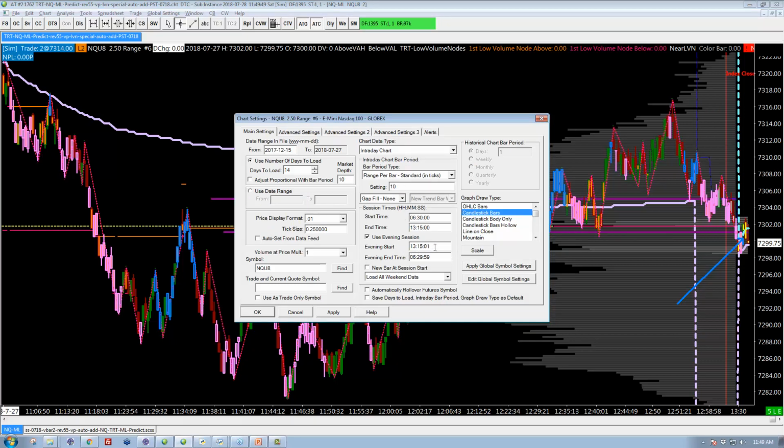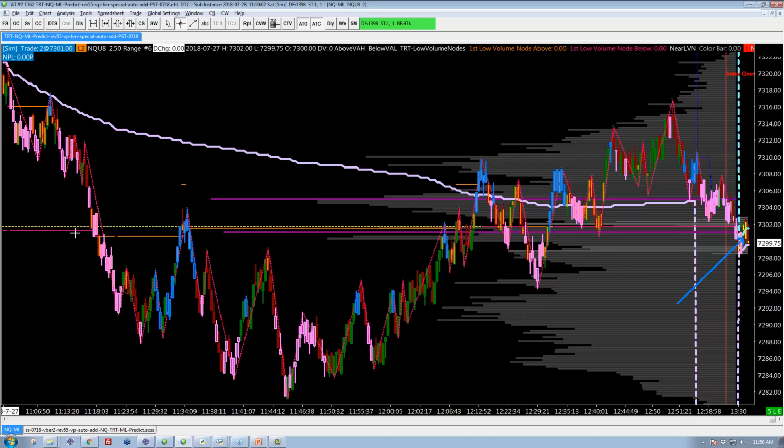So it'll start building the profile at 13:15:01 the previous day, and it'll stop at 13:15:00 today. All right, that's what you want. You start building the profile when the electronic session opens, and then build it all night, and then when you come in, you've got something to work with right at 6:30, and then off you go.